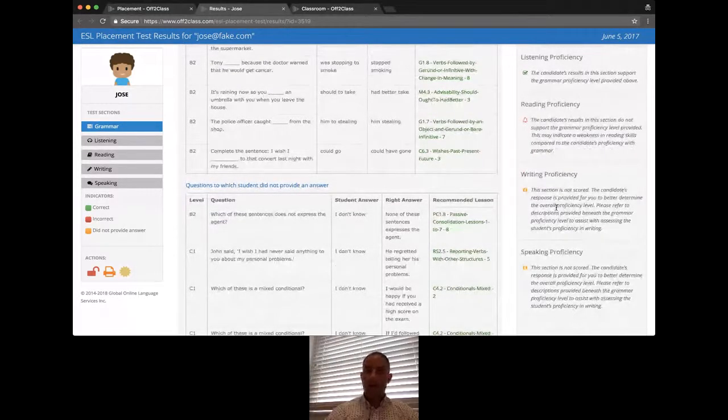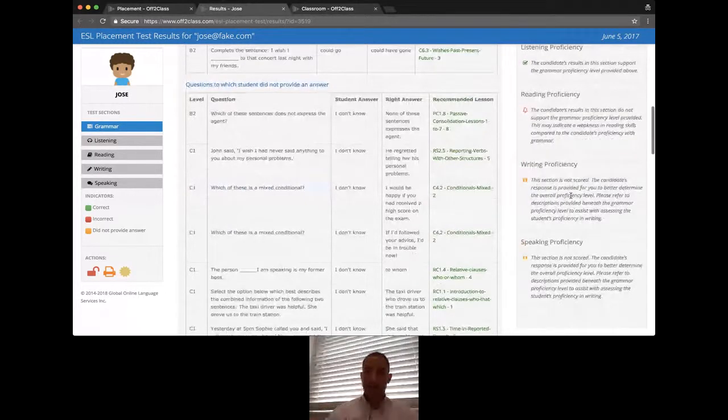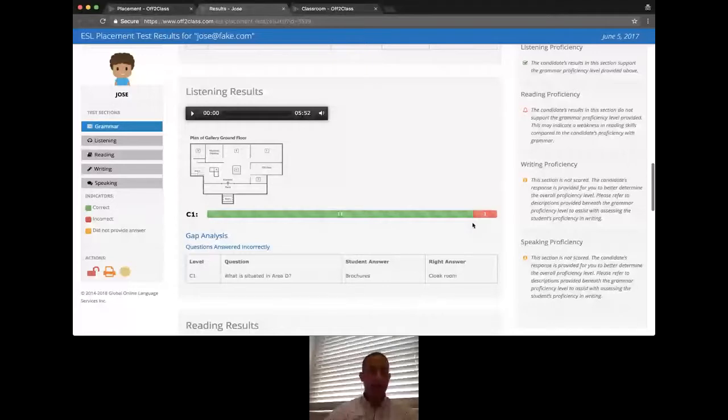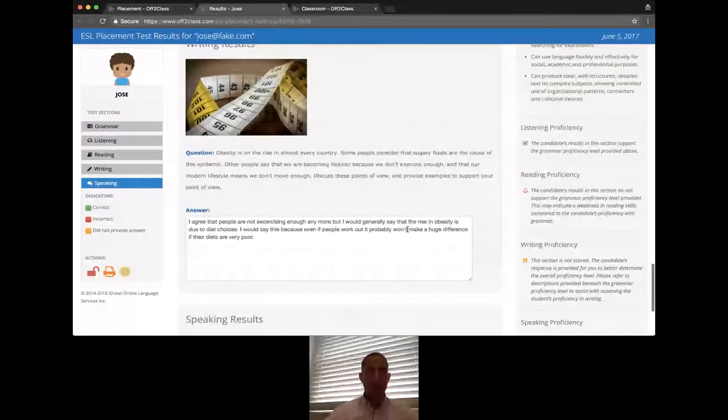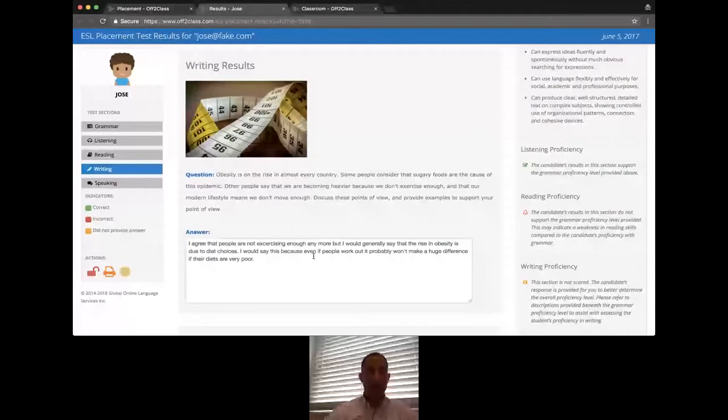Now, on the writing and the speaking proficiency, we don't actually provide an auto grade. And the reason for that is we want to build a profile of this student. So what we do for both the writing and the speaking is we provide a graded question, again, being driven off the grammar proficiency, where the student writes from their own perspective and speaks from their own personal perspective.